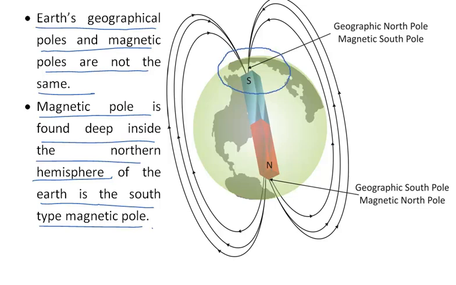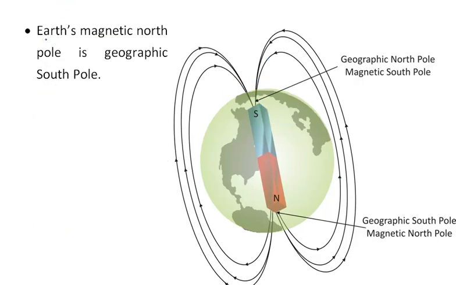The south pole, which is the magnetic south pole, is found deep inside the northern hemisphere. And the last point is Earth's magnetic North Pole is the geographic South Pole. Please remember this point. It's a very important point about Earth's magnetism.